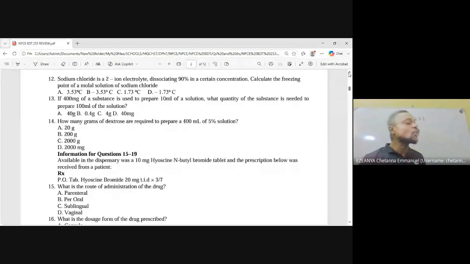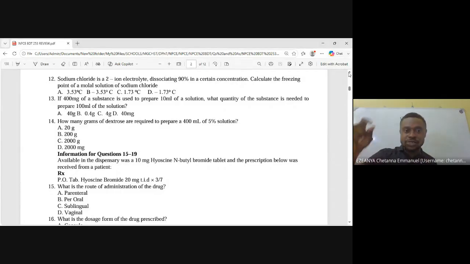Now, there are different solutes. There are some solutes that are electrolytes, and there are some solutes that are not electrolytes. If you add a solute that is an electrolyte inside a solvent like water, the concentration will increase. The number of particles will increase because of what is called dissociation.